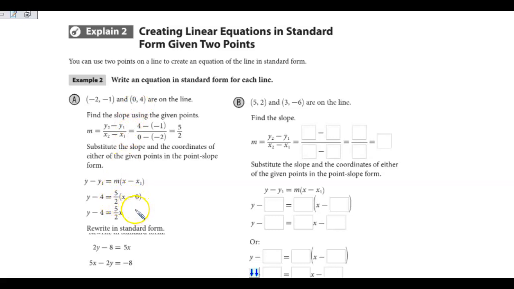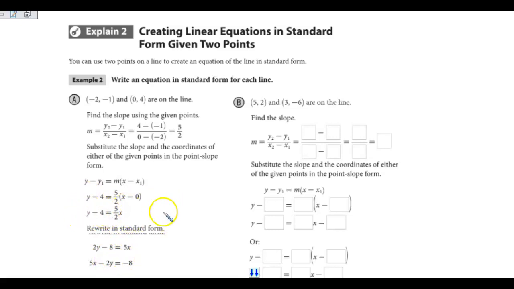And then we're going to simplify by doing our distributive property. So 5/2 x minus 0. And you don't have to write the minus 0, it's there. Now once we have it here, we can write it in our standard form by adding 4 to both sides. That moves that 4 over here. And then subtracting 5/2 x to the other side.